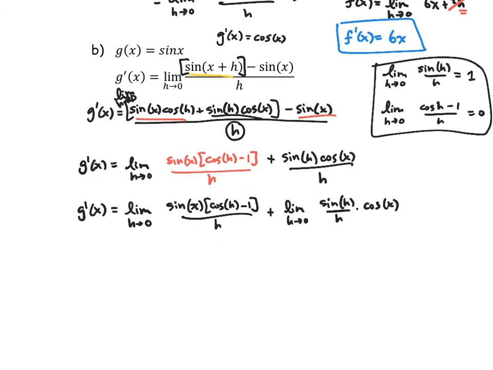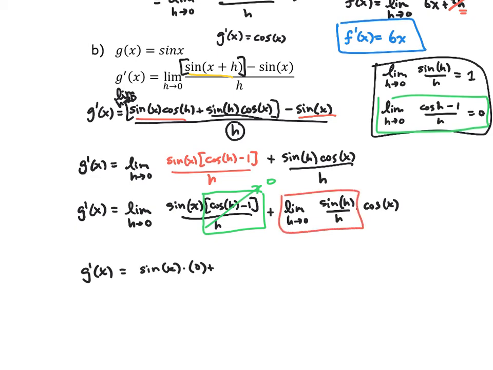Now check it out. The limit as h approaches 0 of cosine of h minus 1, this right here, is going to go to 0. Therefore, this first term will go to sine of x times 0 plus this limit right here goes to 1.